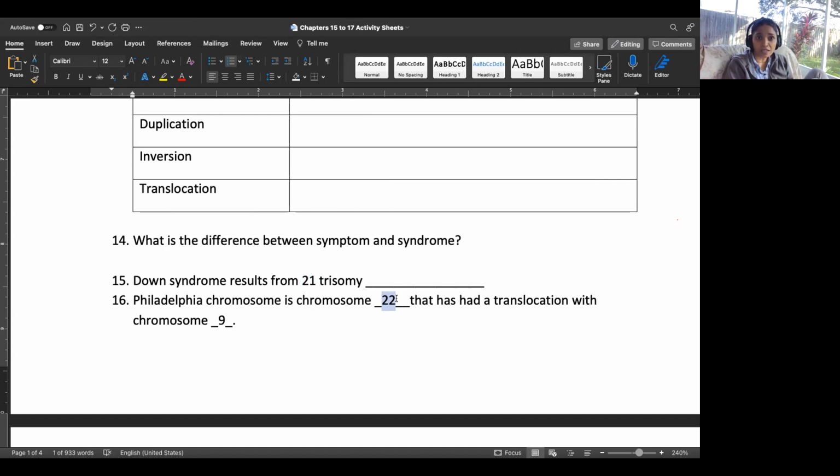Remember, trisomy means 3. Many times I've seen students mixing up 21, 22, 23 all in a blender. So be very careful. Down syndrome 21, memorize like that. And if possible, say it loudly. And Philadelphia 22-9, 22-9. Maybe you can remember that one is even, the other one is odd.